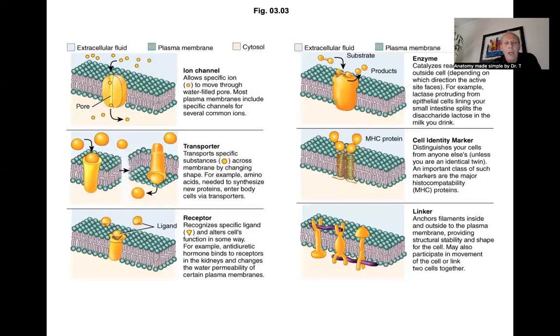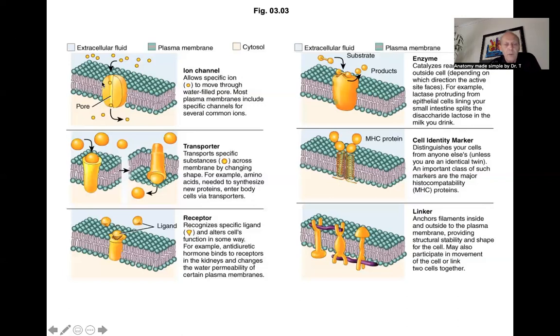So let's see how it works when the integrated protein is acting as the ion channel, upper left corner of this slide. The ion channel doesn't work as a generic channel for all ions. It is specific. So, for example, this particular protein serves as a channel only for particles of, let's say, sodium, which we know is more concentrated in ECF, extracellular fluid, and less concentrated in intracellular fluid, cytoplasm.